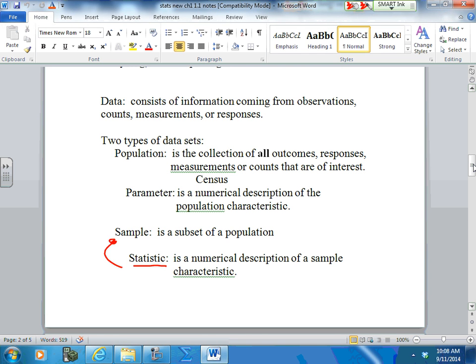In other words, if I say 14% of all men in the United States went to college, okay, and we still say that's a statistic. If it's about the population of all men, it should really be a parameter, but we still call it a statistic. But statistics are technically from your sample, and parameters are from your populations.